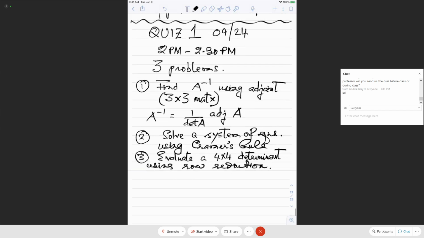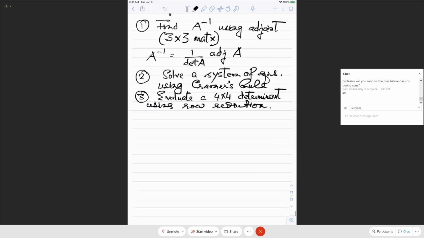Row reduction methods. I'm going to write a few things here which I wrote for my, just a minute.